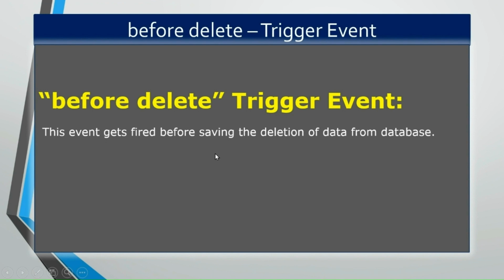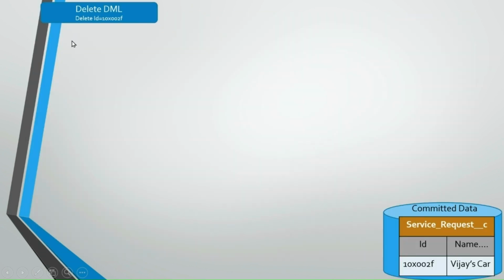Now let us see how Salesforce will populate the trigger context variable values for the before delete event. Let us take a scenario where we are going to delete the record we inserted in the earlier scenario, by passing the ID. Now let's see the order of execution for this delete DML operation.